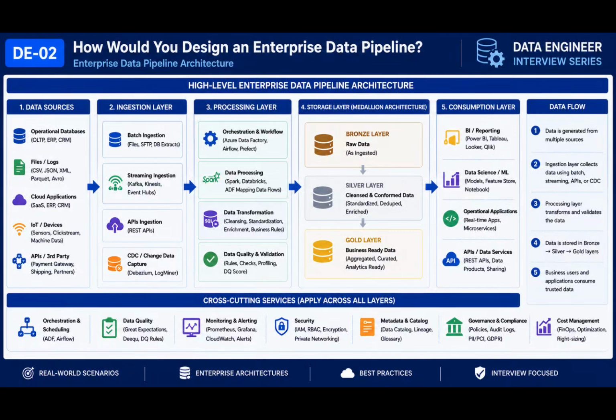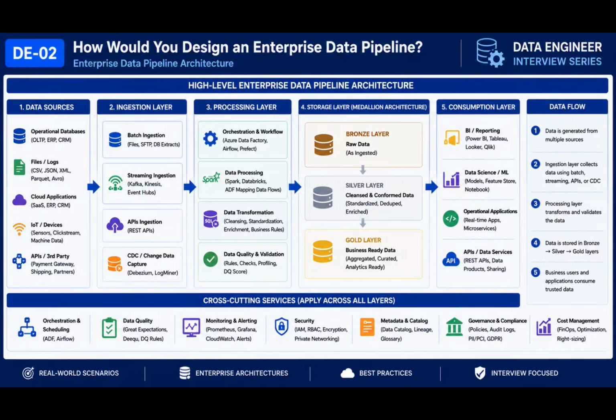Finally, the consumption layer serves trusted data to Power BI dashboards, Tableau, machine learning models, APIs, or operational applications. Across all layers, enterprise services such as orchestration, data quality, monitoring, security, metadata and governance, and cost optimization ensure the pipeline remains scalable and reliable.